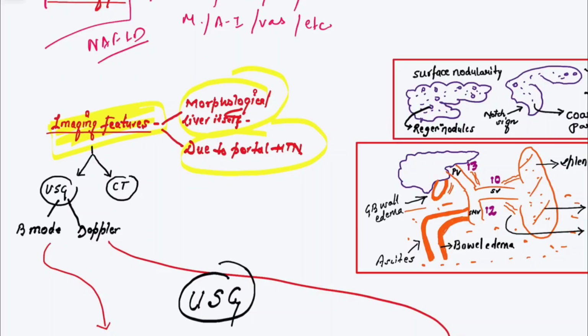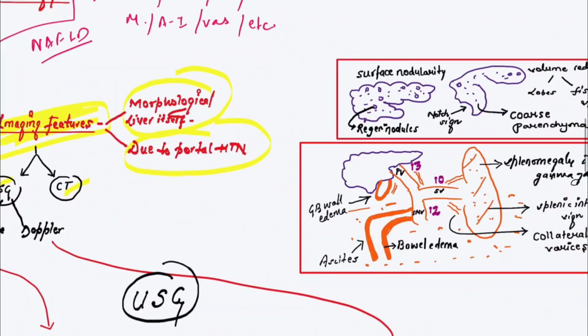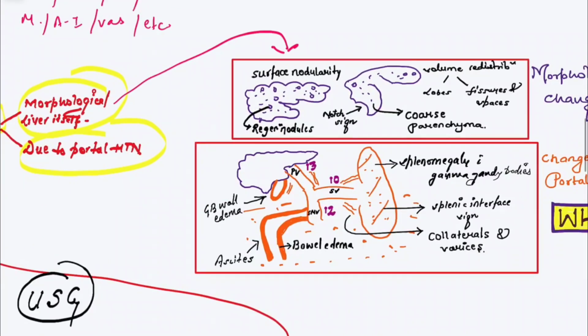We will learn these imaging features on ultrasound and on CT, and we will look at the MR features of nodules and HCC in the next video. So let's first see the morphological findings in the liver itself because of the chronic fibrosis and nodular regeneration that is happening in the liver parenchyma.